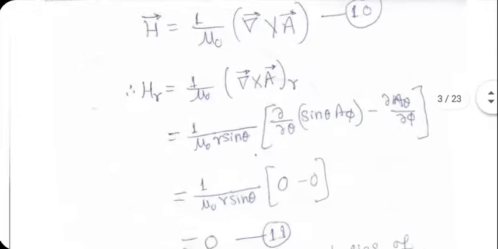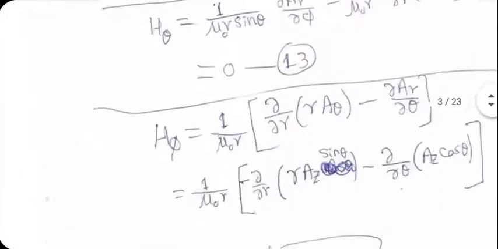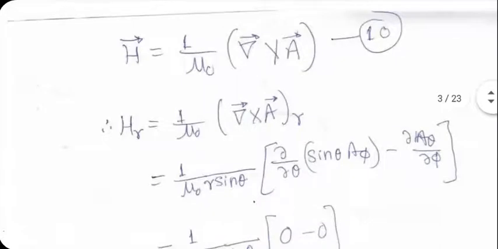R, theta, and phi. The R component of curl of A is related to the R component of H by this equation, which is in front of you. And similarly, the theta component is also related to the theta component of del cross A, and so on.